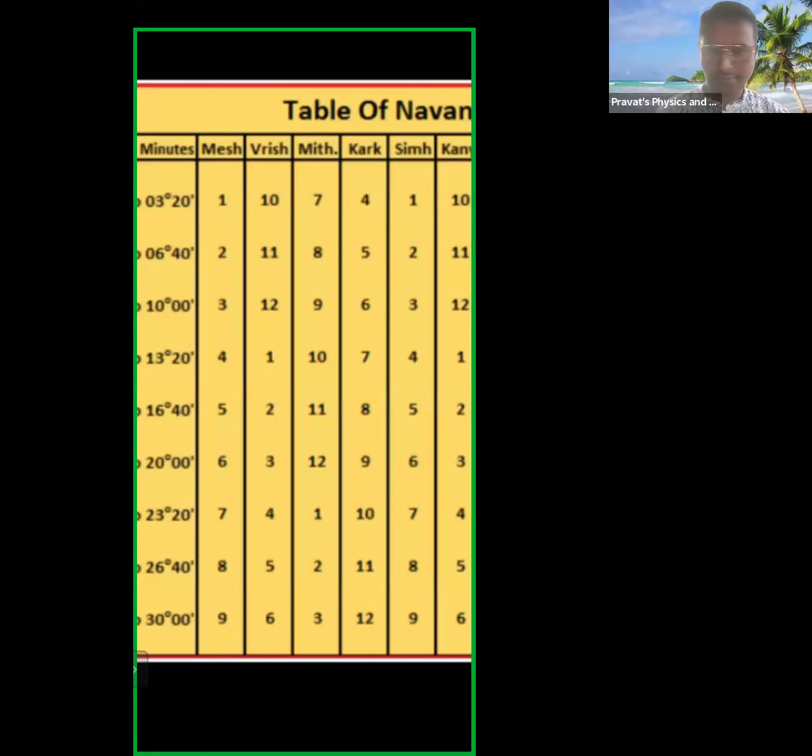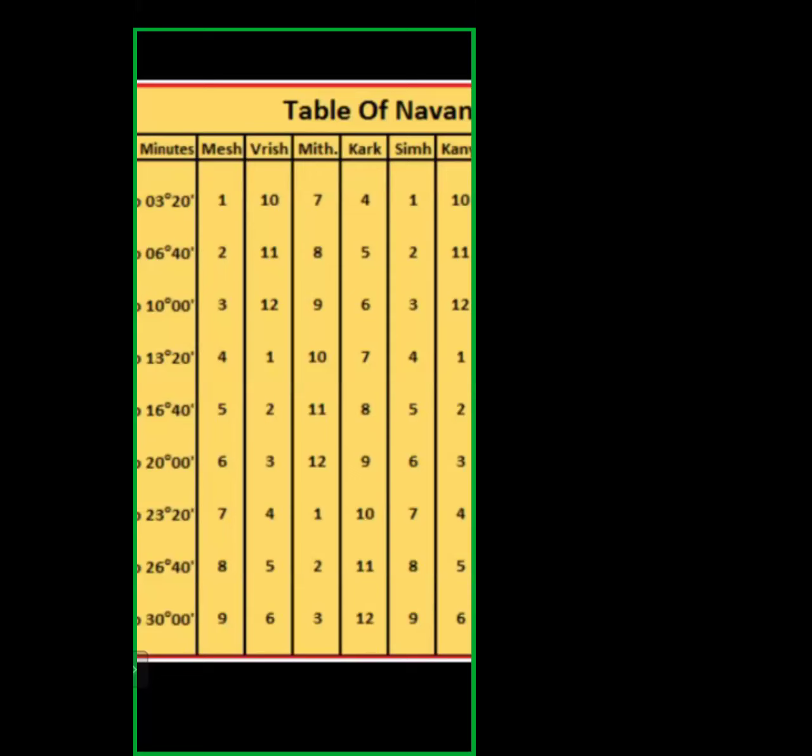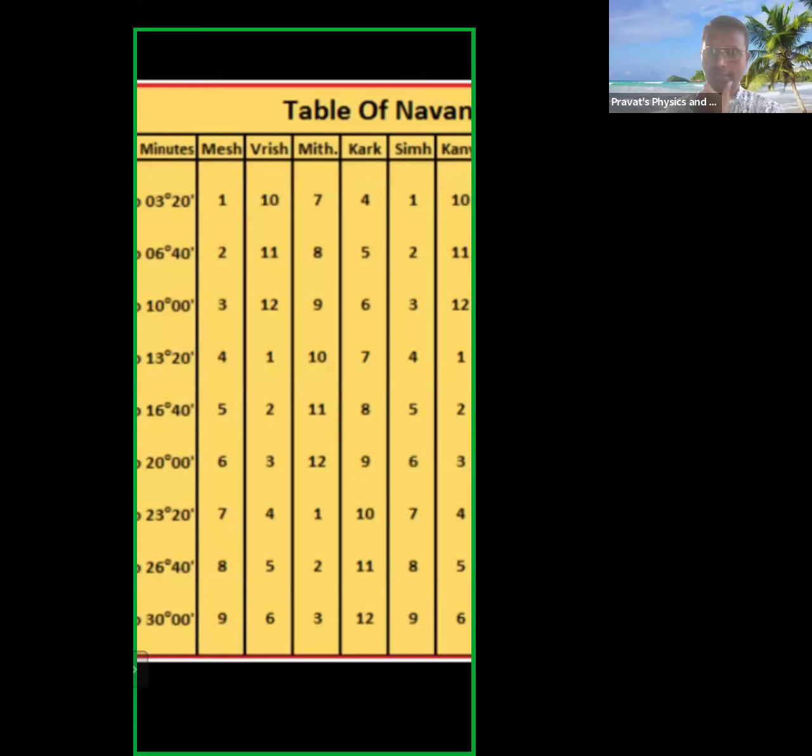But you found that even if the moon is Vargottam, that person has not improved a lot in his life. Then what is the reason for that? Anybody who can say? Can you repeat the question? So suppose you found in a chart that the moon is exalted in the Taurus sign, isn't it?